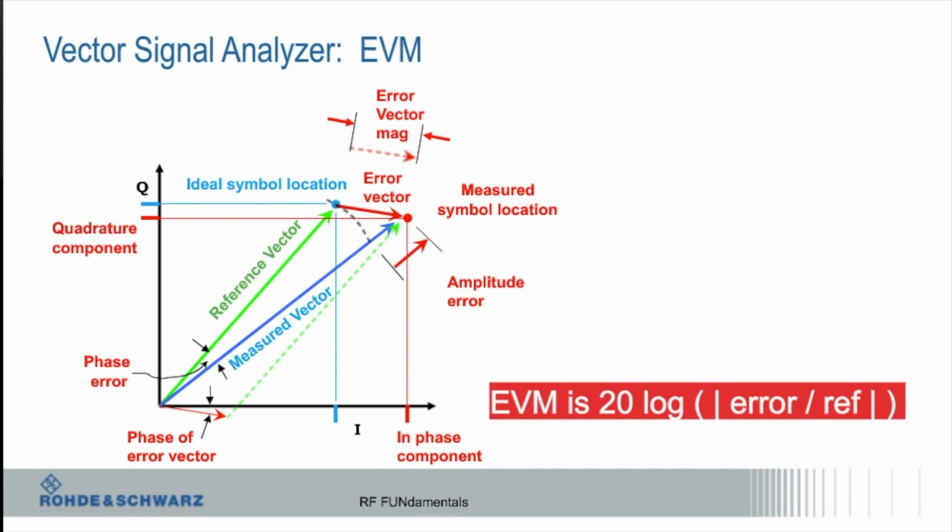Then I'm going to determine that error vector from that. Okay, and that error vector, there's an amplitude component and a phase component. So I can break those out. There's the phase error vector. So obviously this is parallel to that, but at the origin, so I can measure with reference to the origin.